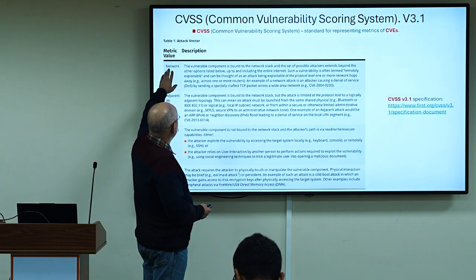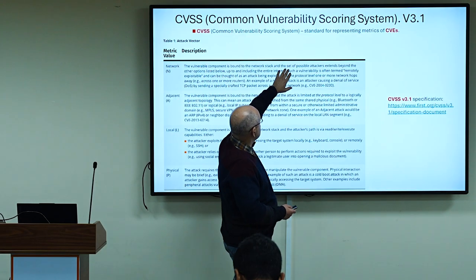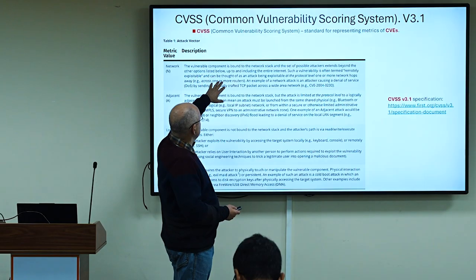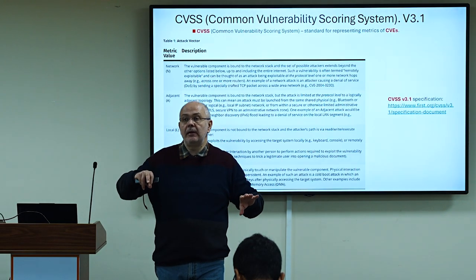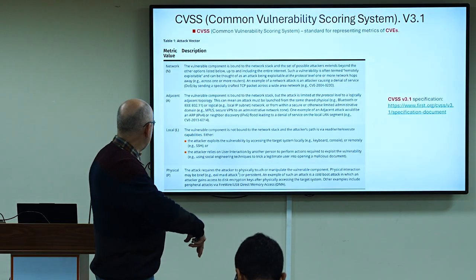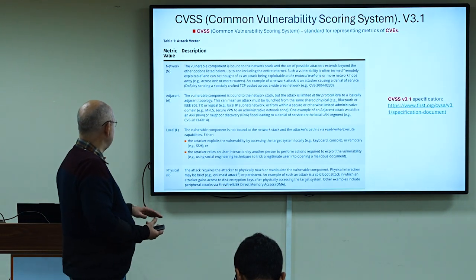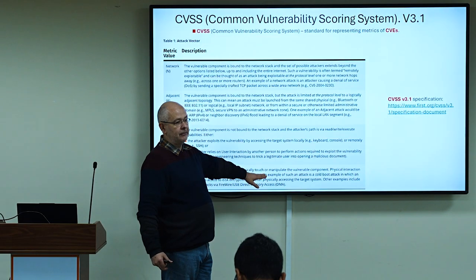For the network, the vulnerable component is bound to the network stack, and the set of possible attackers extends beyond the other options listed below. So this is this complexity. The attacker can do the action from external networks. And physical: the attack requires the attacker to physically touch the device.